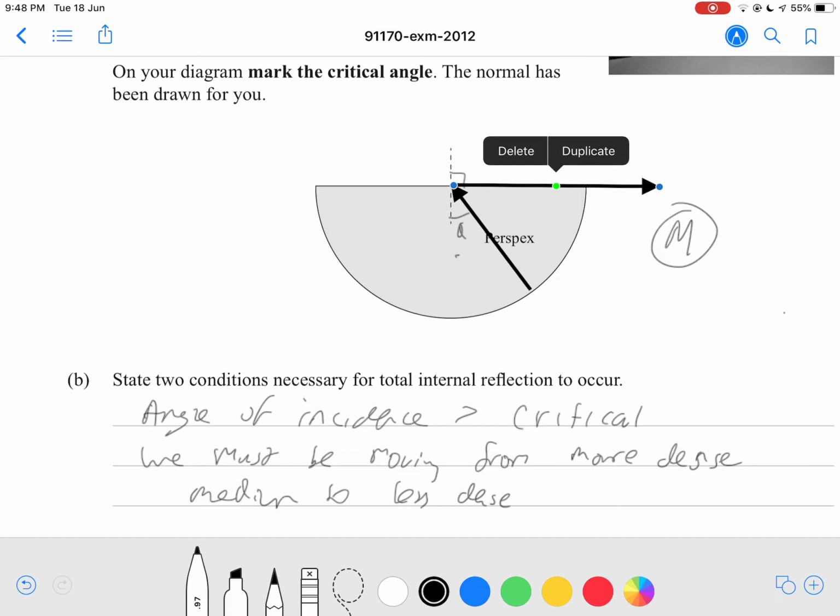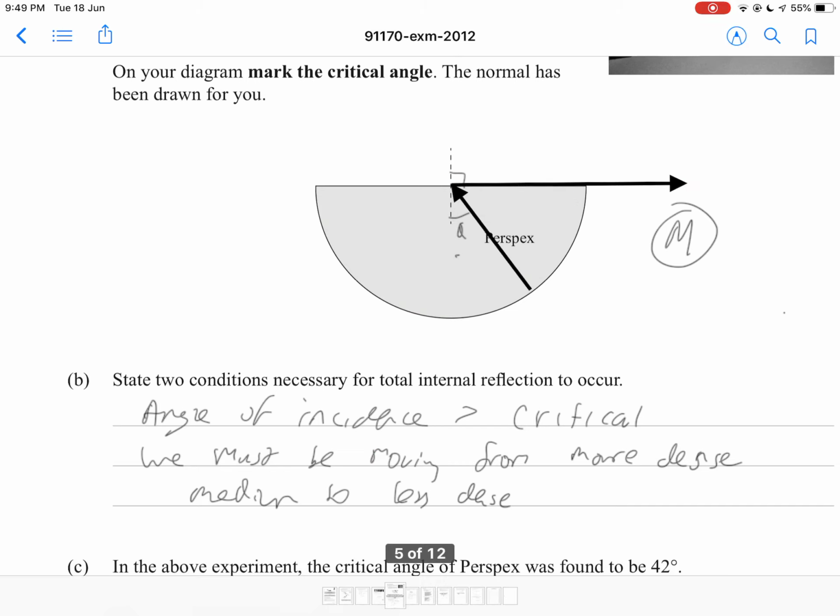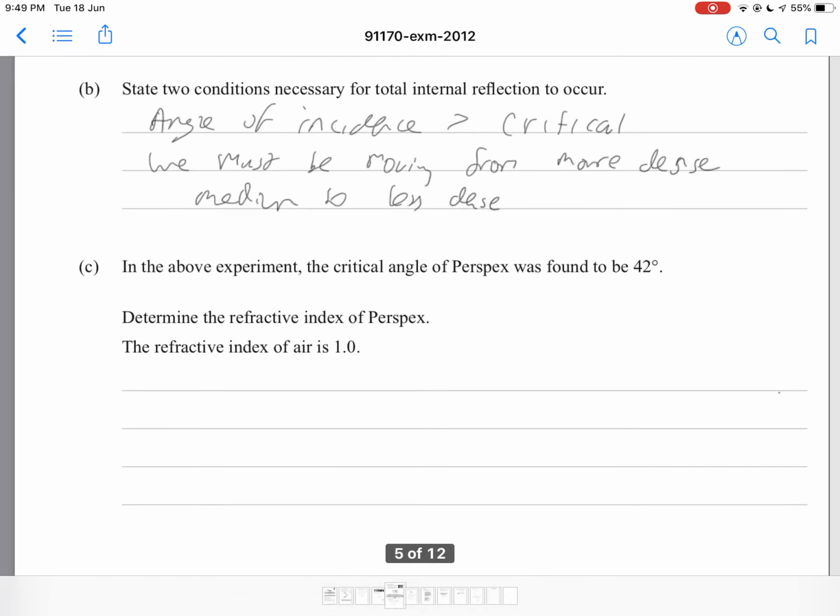If we're moving from a less dense medium to a more dense medium, the rays are going to bend towards the normal, and therefore it is impossible for total internal reflection to occur. That's why it has to be from a more dense medium to a less dense medium.